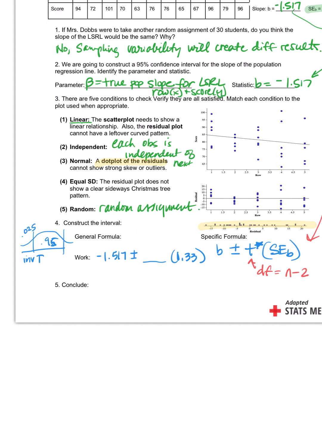And then degrees of freedom. If I have to subtract 2, how many students did we have in the sample? 30. 30 minus 2 is 28. So I get 2.048 is my T star.